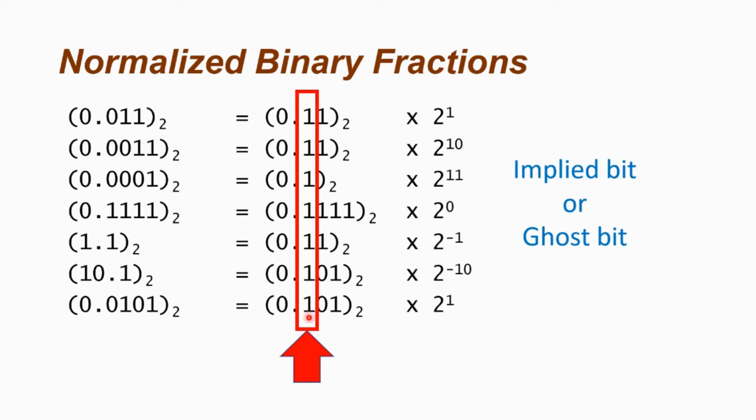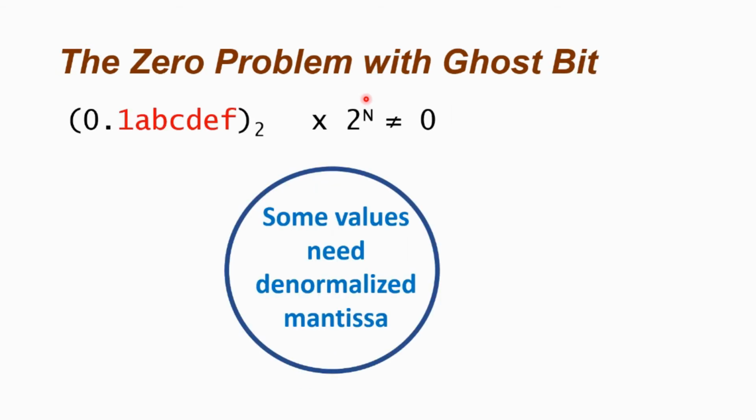We do not have to store the first digit after the decimal point since it's always 1. We simply assume that it is 1. This idea is known as an implied bit or a ghost bit. That means we will not store the first digit after the decimal point. We'll simply assume that it is 1 for all practical purposes. So this gives us an extra bit of storage without wasting any actual physical storage in the computer.